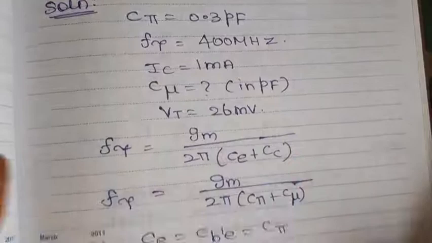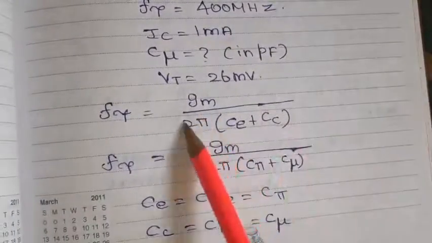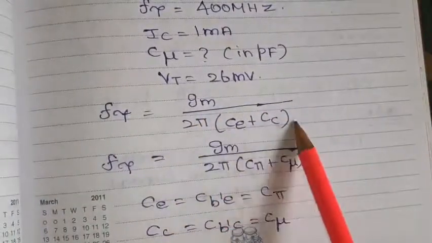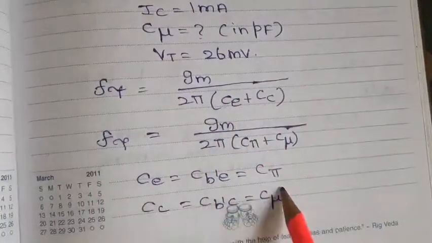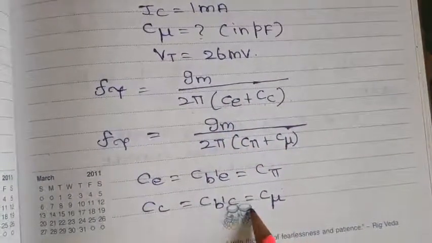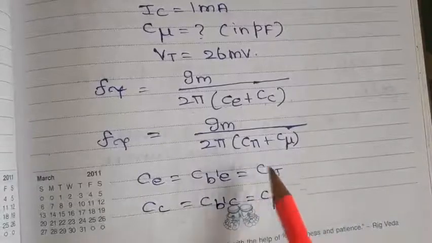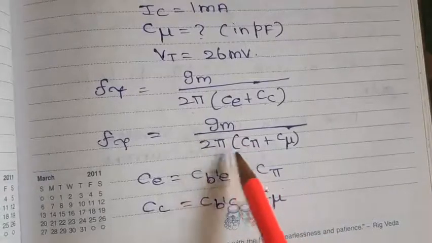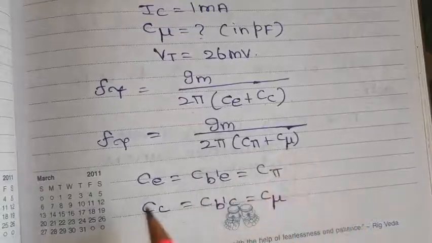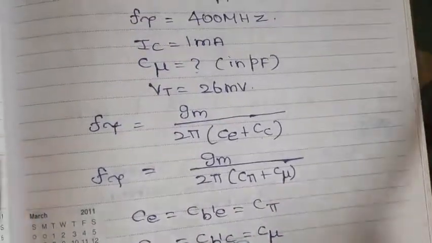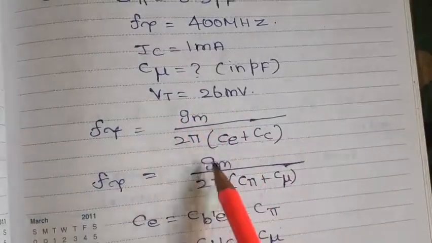Then what is the formula? f tau is equal to Gm divided by 2 pi into (Ce plus Cc). What is Ce here? Ce is C b dash e, which is equal to C pi. Cc is C b dash c, which is C mu. So just change this: Gm by 2 pi into (C pi plus C mu). We know the value of all the data except Gm.